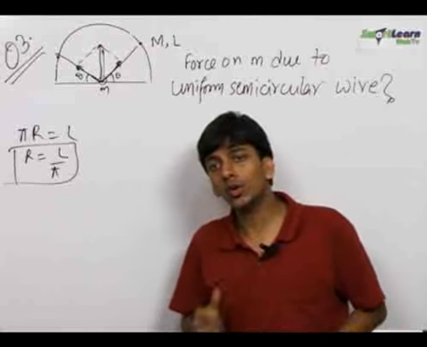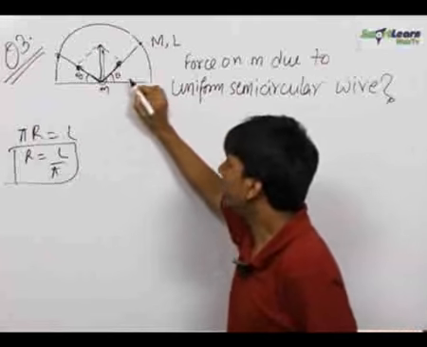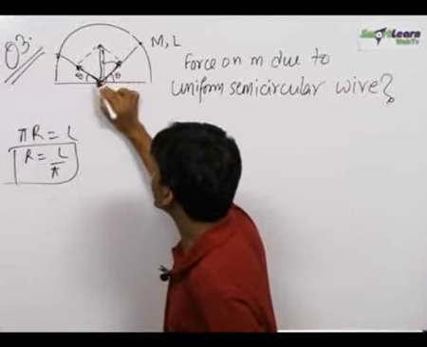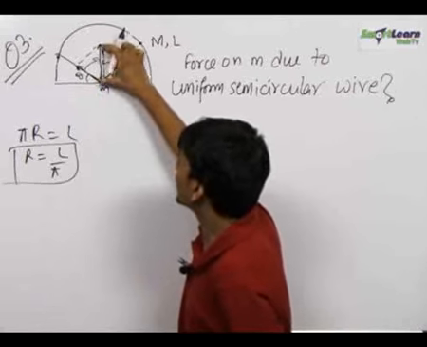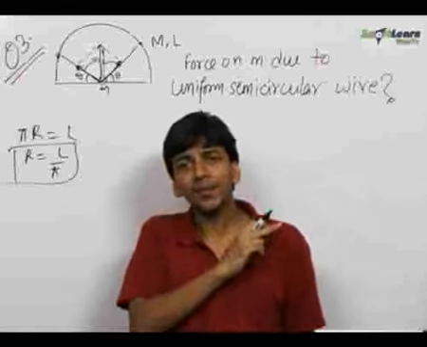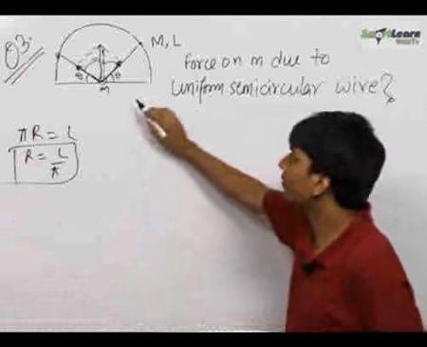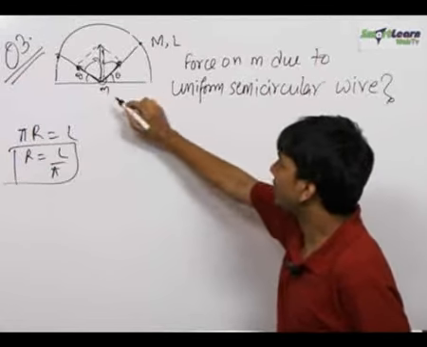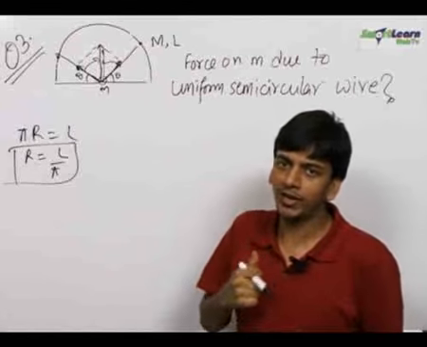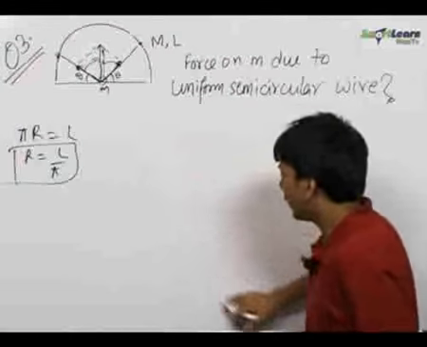So what we need to do now is integrate the y component of the forces. If we take the y component of this and the y component of this, we will get the resultant vector due to each pair, and if we add up each of the y components, we will get the final resultant force acting on the small mass m due to the uniform semicircular wire, which is in the upward direction. So now we do that integration.